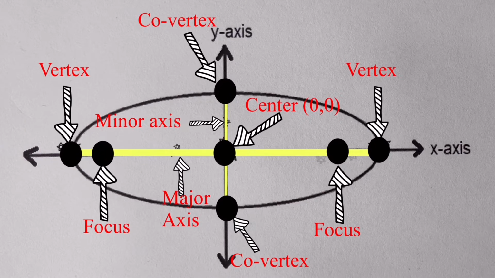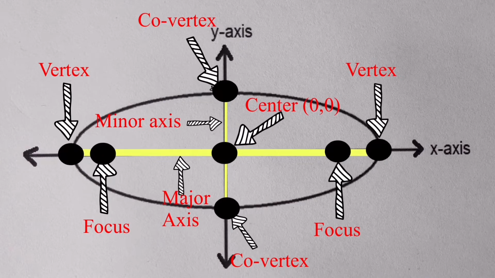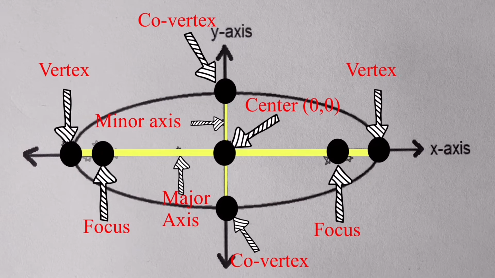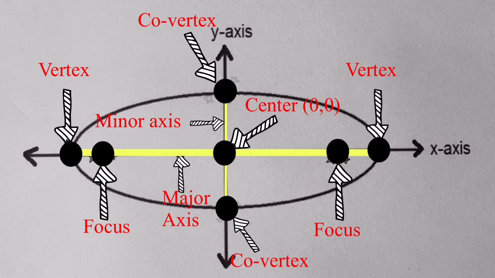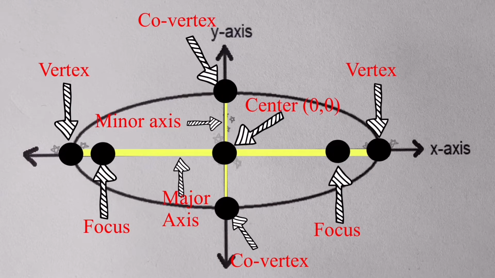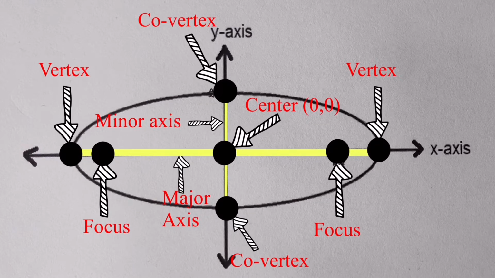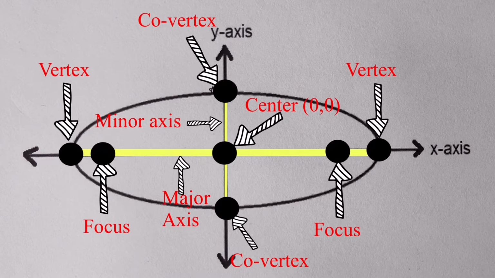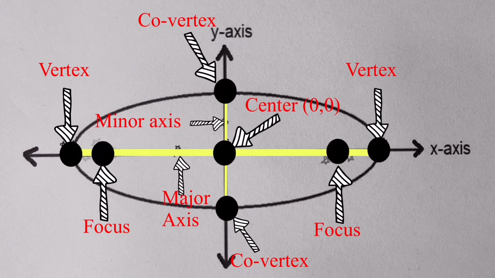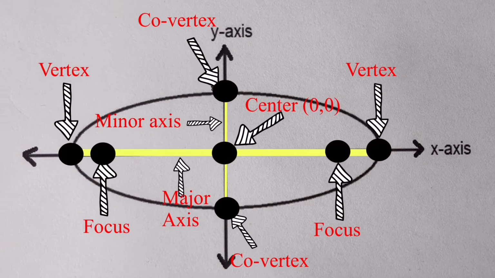The plural for focus is foci. The foci always lie along the major axis. Please remember that the foci of an ellipse are two fixed points on its major axis such that the sum of the distances of any point on the ellipse from those two points is constant. So those are the basic parts of an ellipse.